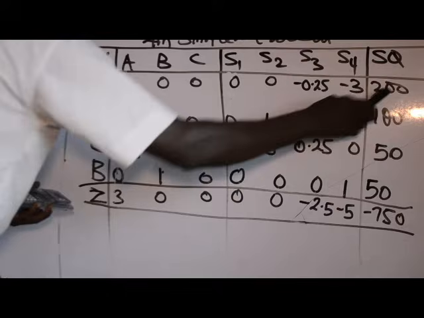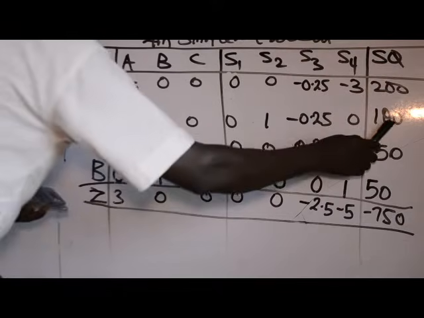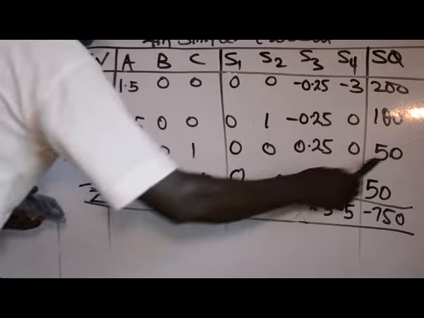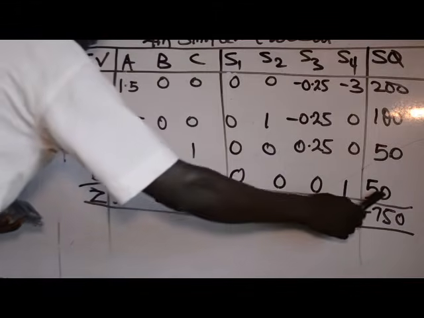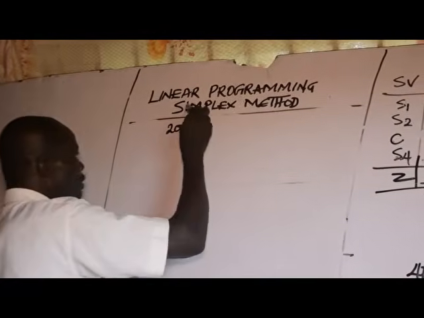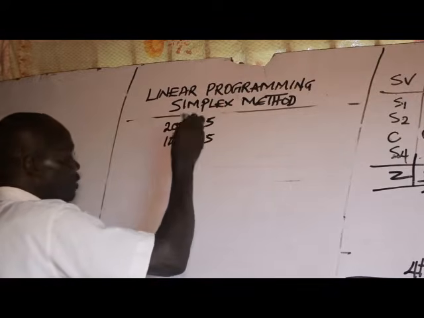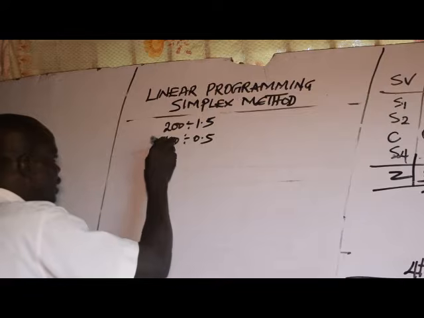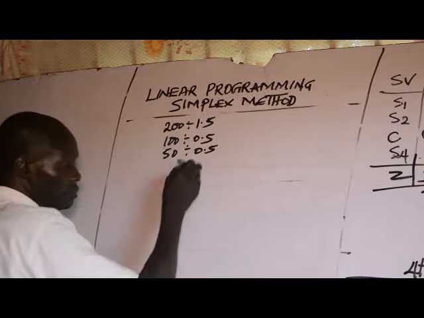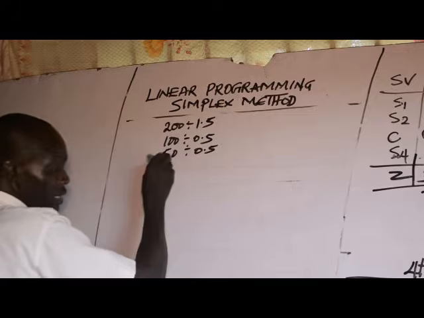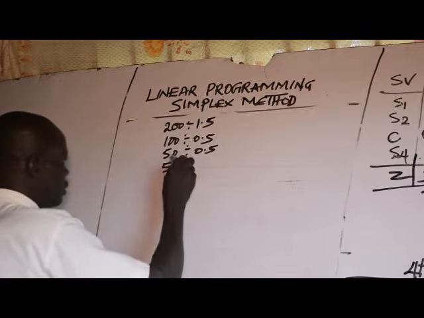We divide the solution quantities by the values in this column: 200 divided by 1.5, 100 divided by 0.5, 50 divided by 0.5, and 50 divided by 0.